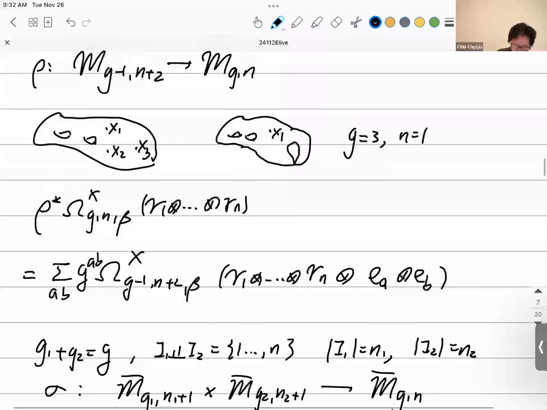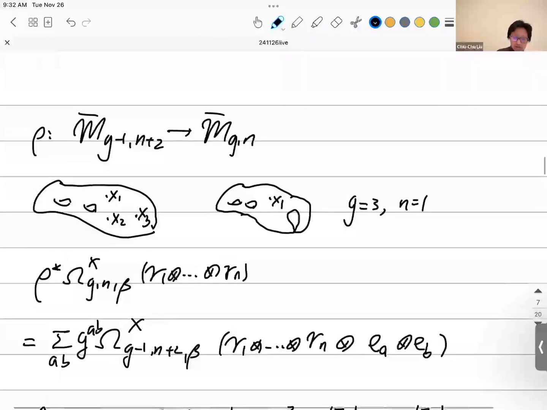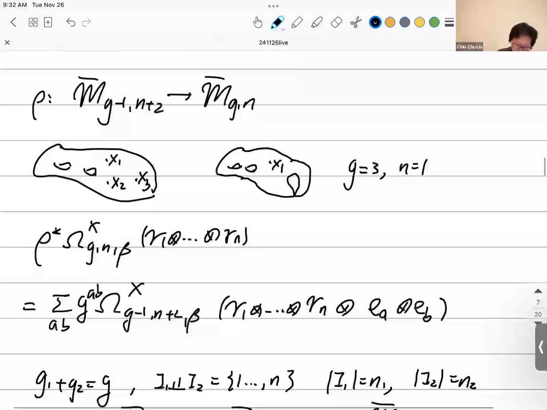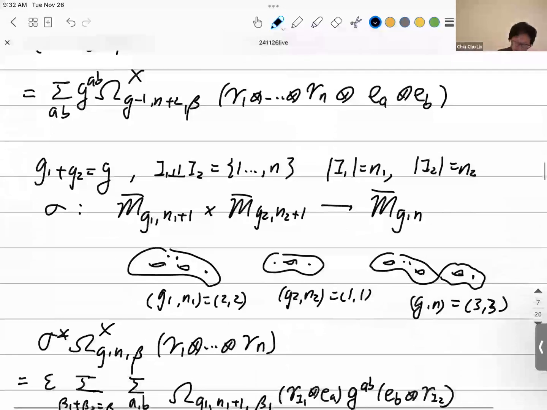Now there is another type of divisor in M bar g,n, which is the image of the following map. There's a codimension 1 stratum.